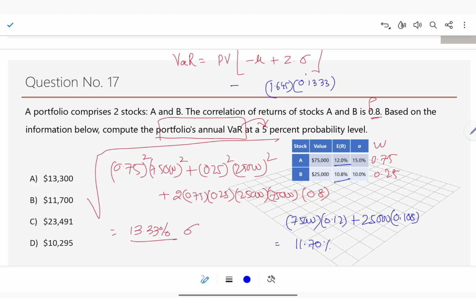This will be put here with a minus. What is the total portfolio value? It is 1 lakh, and this will give you the answer: $10,295. This is the answer.